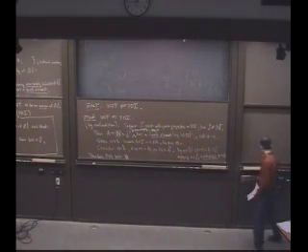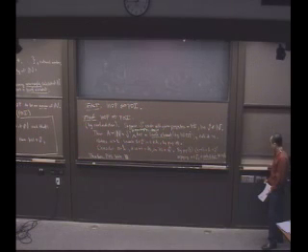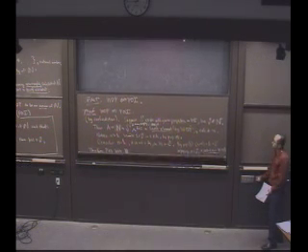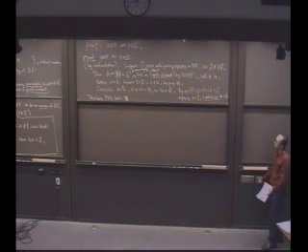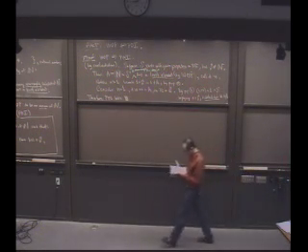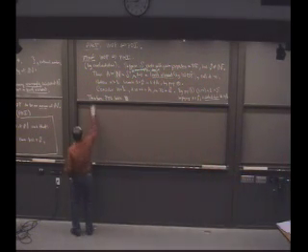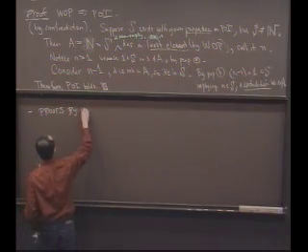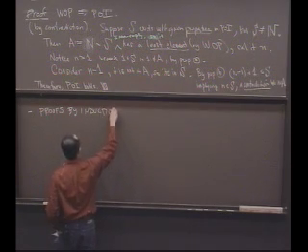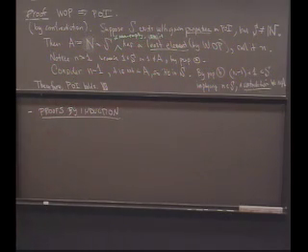Okay, so let me say a few things about the method of establishing a proof by induction. And then we'll do some examples. So if you want to do a proof by induction, what does this have to do with the method of induction?